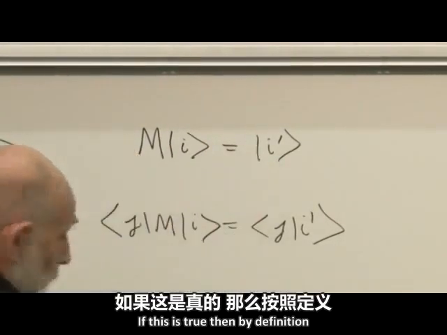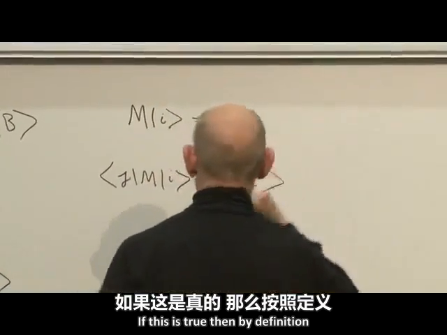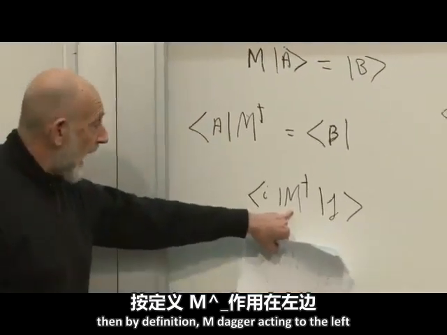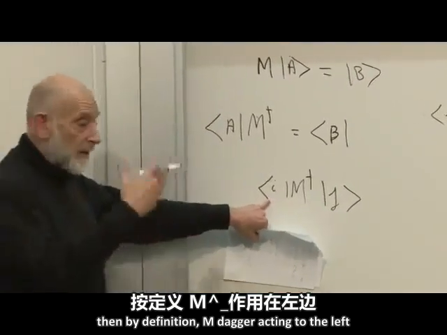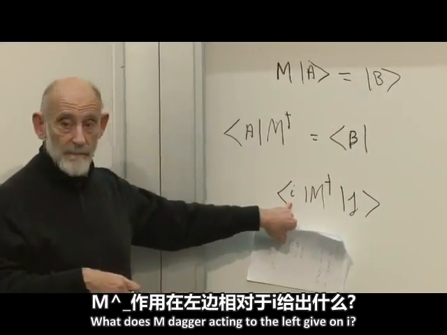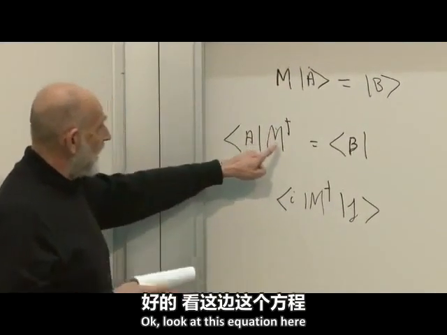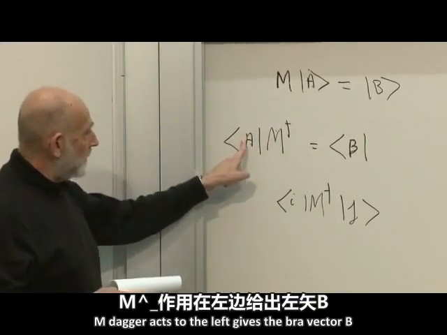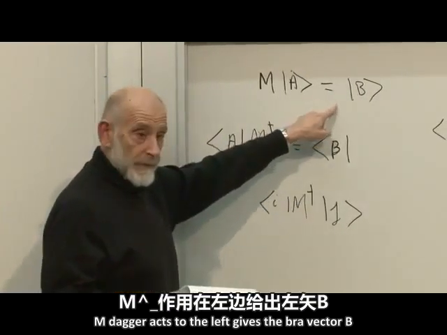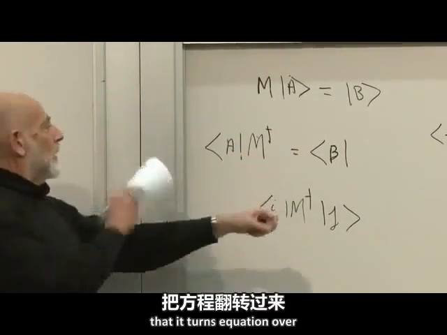If this is true, then by definition, M dagger acting to the left, what does M dagger acting to the left give on ⟨i|? Look at this equation here. M dagger, when it acts to the left, gives the bra vector. So that's all the dagger does, it turns the equation over.